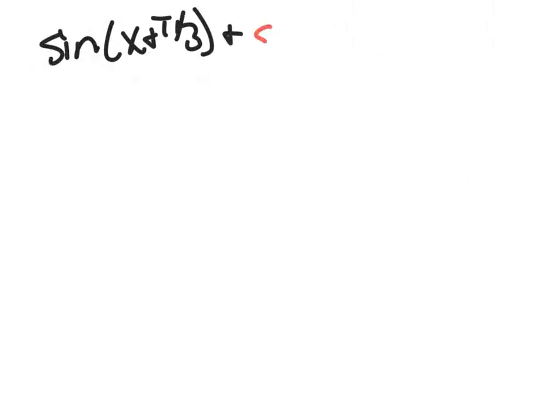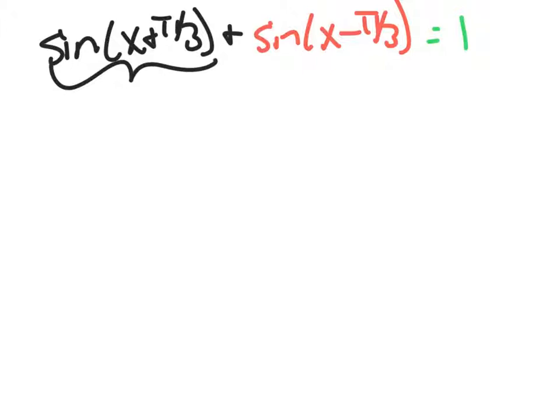Okay, last problem. Find all the solutions to sine of x plus pi over 3 plus sine of x minus pi over 3 equals 1. So I'm going to expand this one out first.